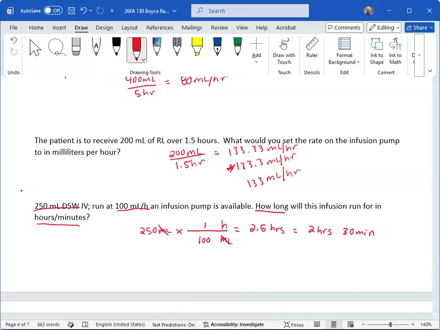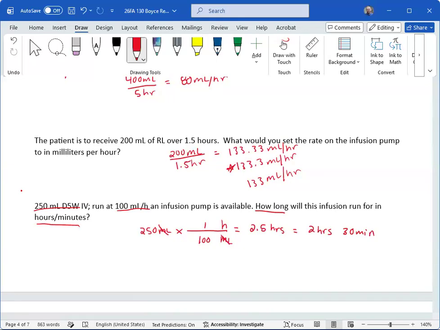I don't know that you'll see this question, but I've seen it as an ATI question, and I've seen it on other tests. Sometimes they'll ask it where they'll say, you start your shift at 7:30 in the morning, you have a patient on an infusion rate of 125 milliliters per hour.